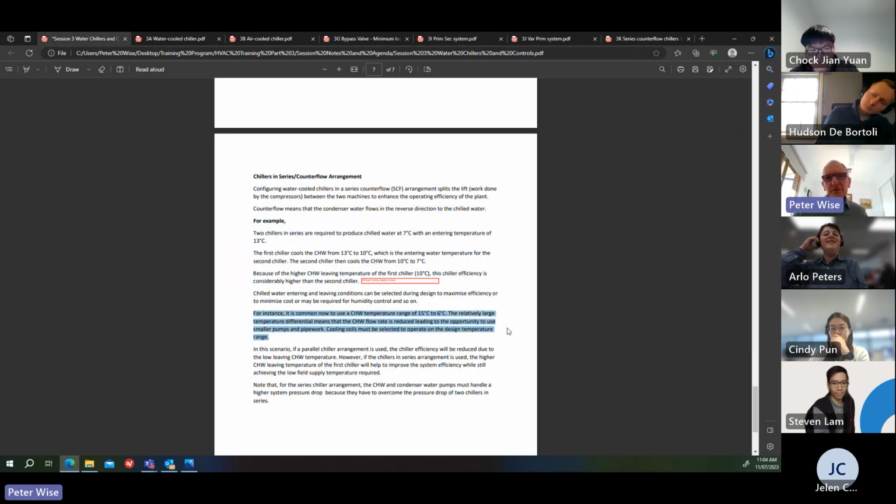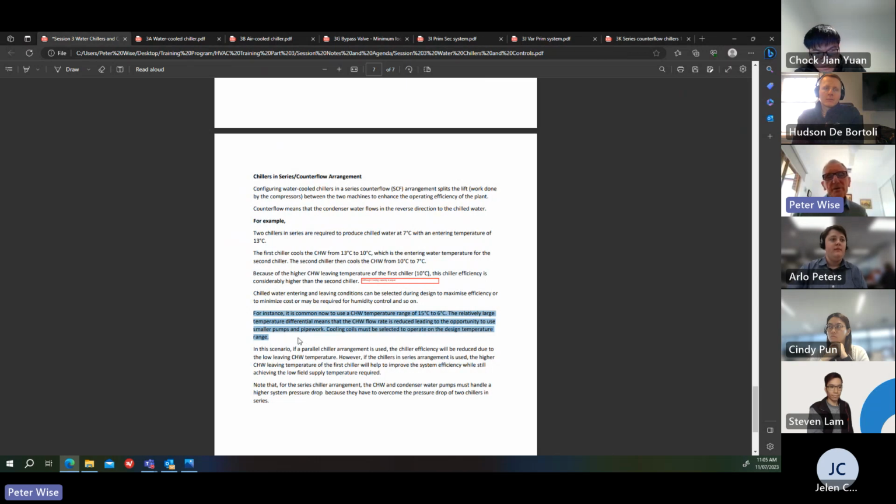The relatively large temperature differential means that chill water flow rate is reduced. So you've got a bigger temperature difference, lower flow. And that has advantages in your pipe work, in your pumps. So you can have smaller pumps and pipe work, but make sure that the cooling coils are selected to operate on that design temperature range.